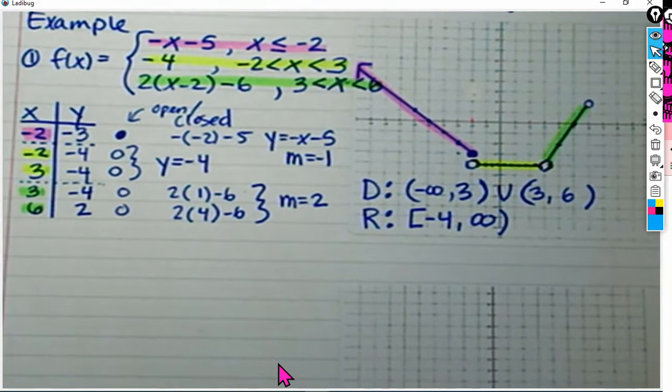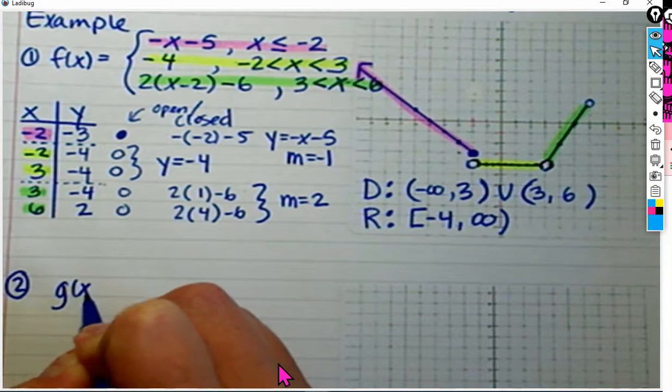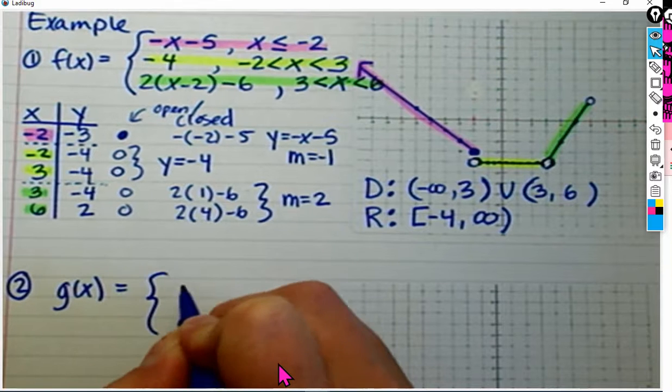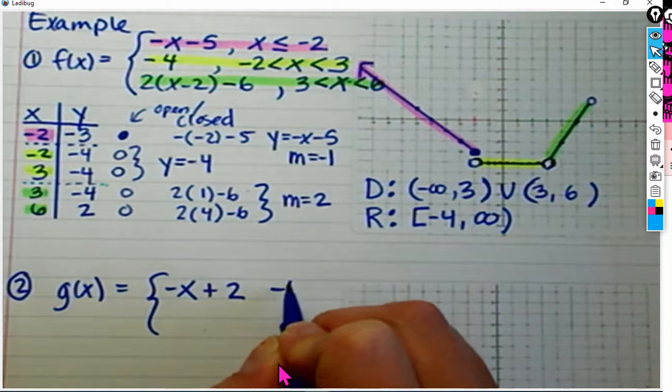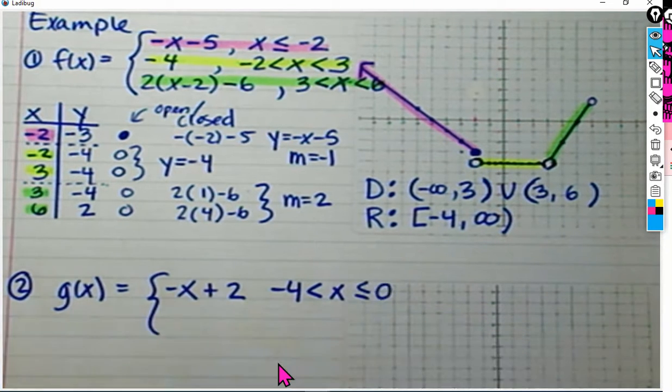All right, think about the words that I used to explain this. I'm going to give you a little start, a head start. See where you might get stuck in terms of what you're doing to graph this piece here. Okay.